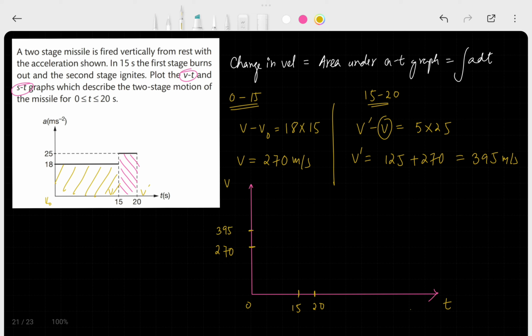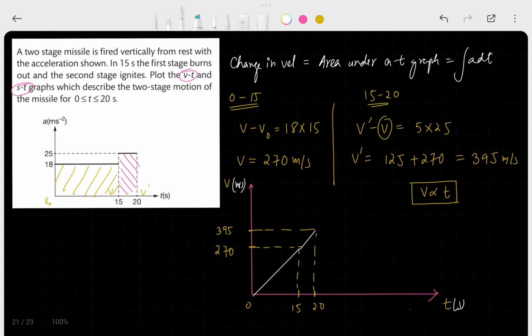Since the acceleration is constant, velocity is directly proportional to time, so you will get a straight line. This will be my velocity time graph that has been converted from the acceleration time graph.